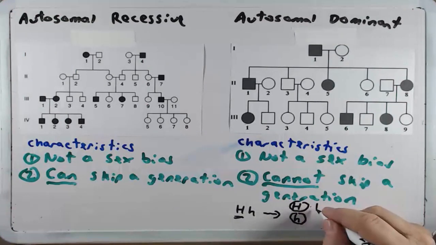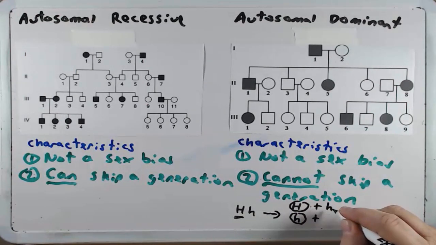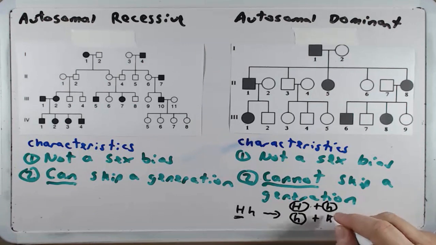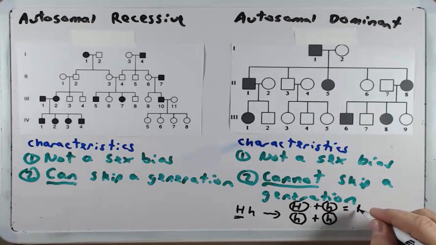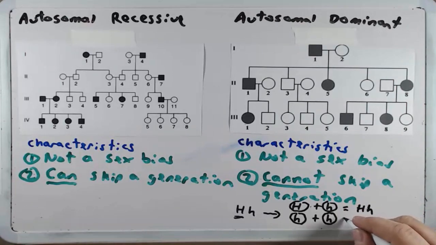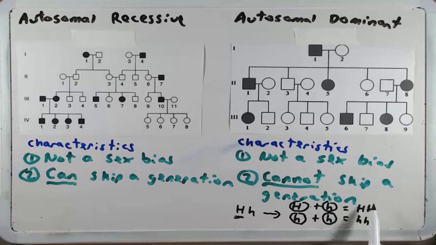When this gamete combines with another gamete, and let's just assume it's a little h, somebody who doesn't have the trait, that progeny will be big H, little h, and this progeny will be little h, little h. So 50% of the progeny here will have Huntington's disease and 50% won't. This individual now can go on and pass it on to the next generation.